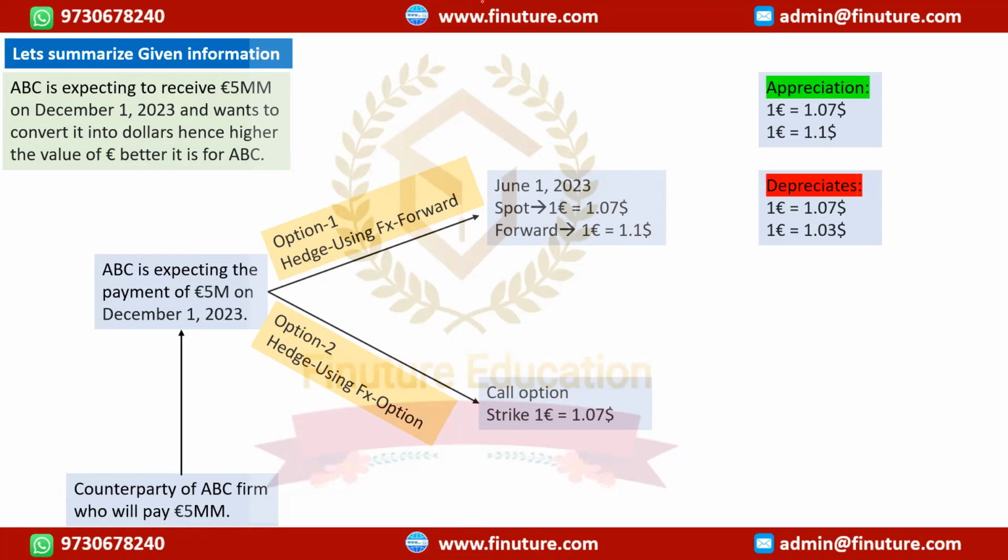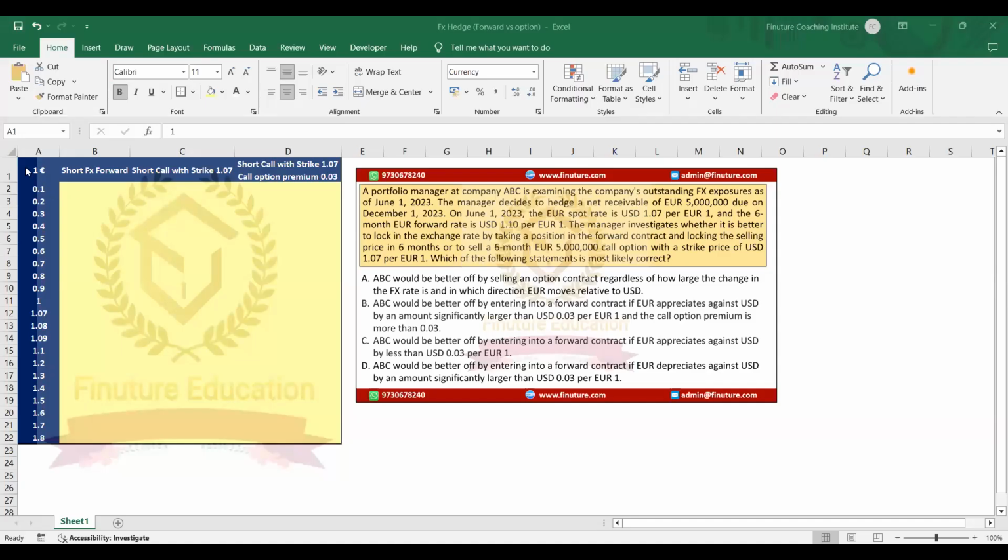Now let's explore what we have been given. Just give me a moment. So this is the information that we need to understand. Firstly, a portfolio manager can short these 5 million euros at 1.1, that is, €1 equal to $1.1.